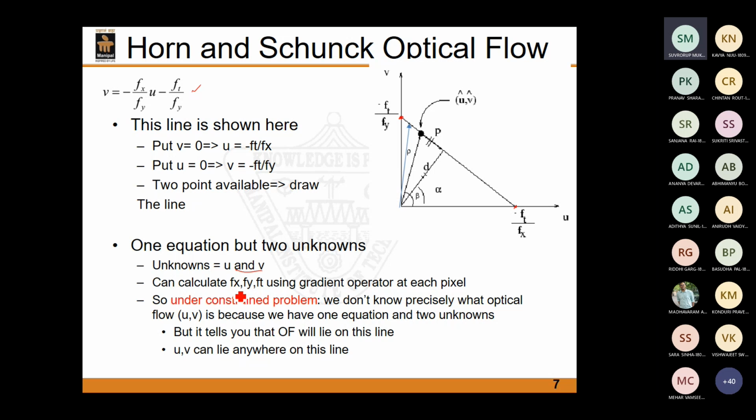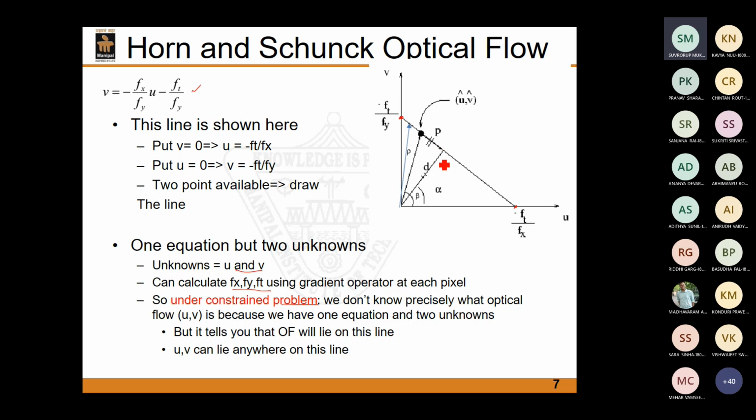From the equation we can calculate fx, fy, ft using the gradient operator at each pixel, because fx, fy and ft are the gradient information. But the problem is that it is an under-constrained problem, because you have only one equation and two unknowns. On plotting this, all that it can say is that the optical flow will lie along this line. It can lie anywhere along this line. Now how do you find where it lies?